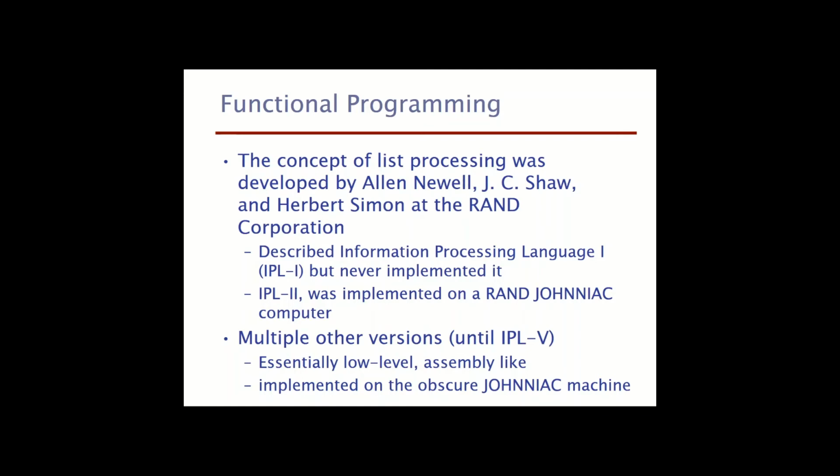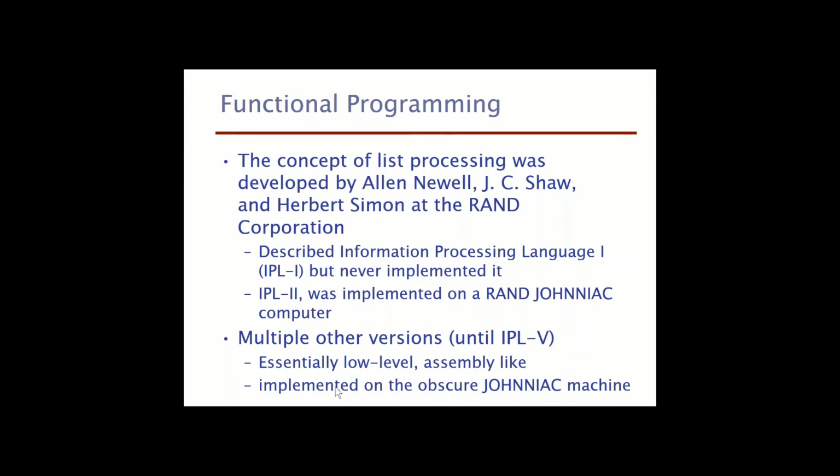Again, we have the problem of writing high level code and translating it to machine code. So they tried to come up with an idea, although it was primitive, but it helped later on in developing a more mature functional programming.